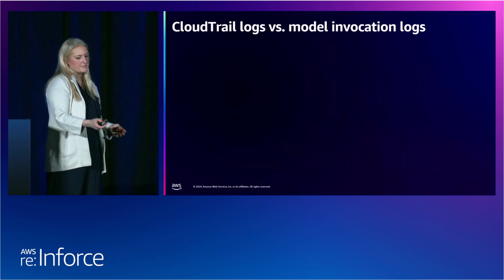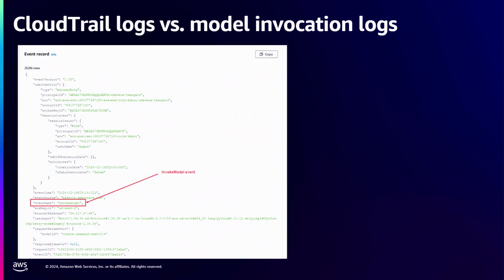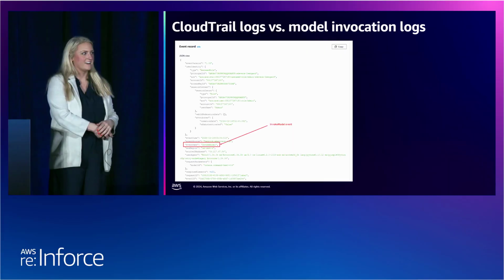So what are the differences between these? So CloudTrail logs, I'm curious, how many of you guys regularly query CloudTrail logs? Yeah, good amount of you. What about Bedrock logs, anyone? Not yet? Okay.